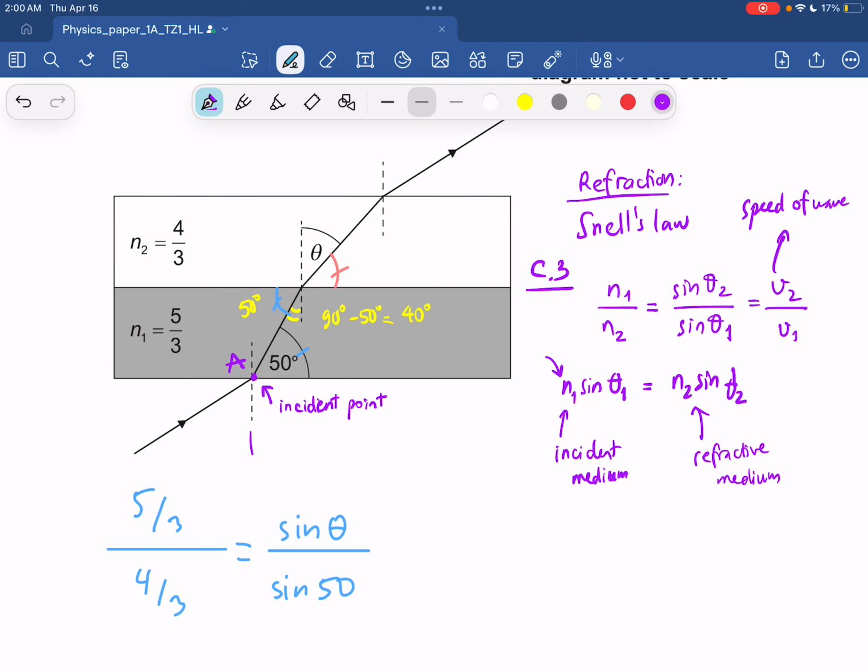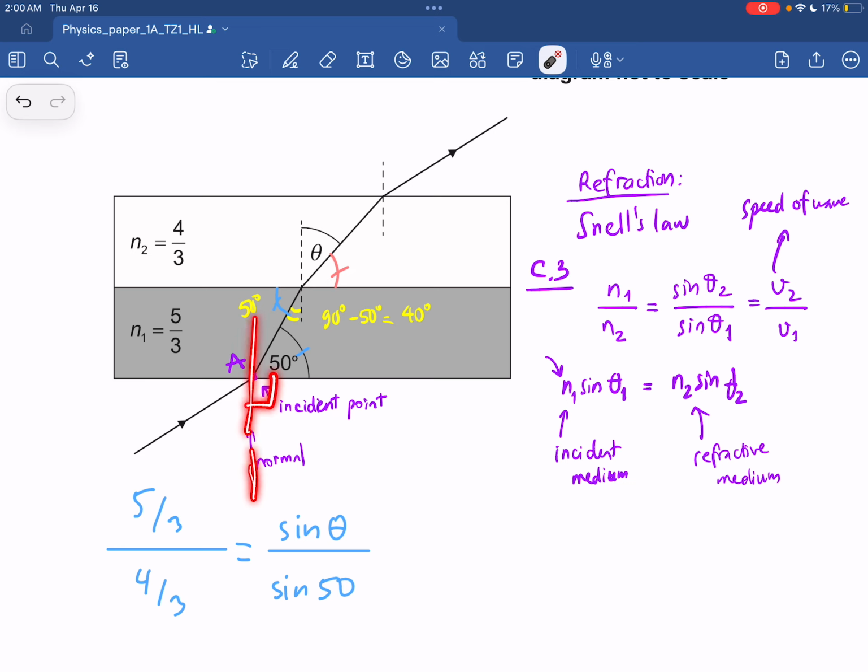This is the normal, because it makes a 90 degree, or right angle, with the interface between the two media. This is the incident point, and this is the angle theta 1.